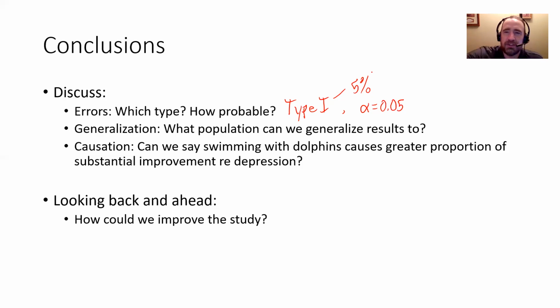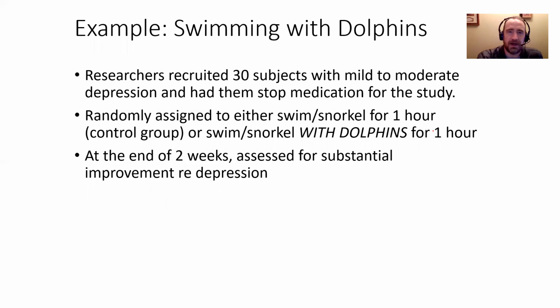What population can we generalize the results to? This is a tricky one for us to answer here. Should this be all people in the whole world who have mild to moderate depression? That seems a little bit extreme, especially because we have very little information about these subjects. It just says researchers recruited 30 subjects. It doesn't sound like they used a random approach for getting their sample.